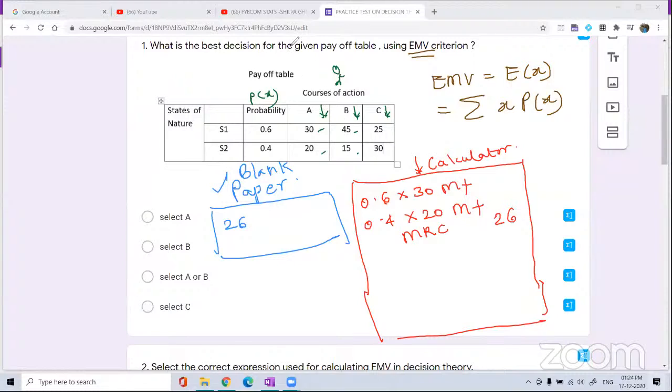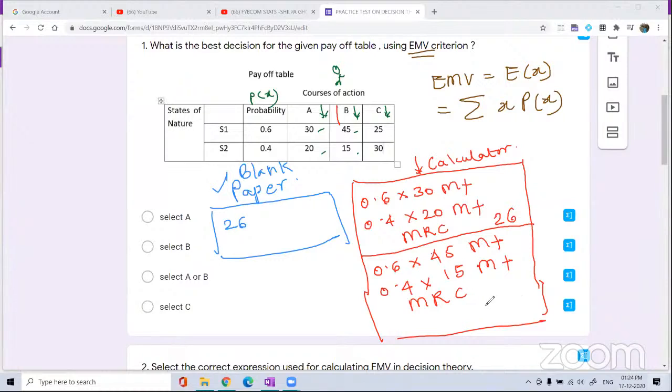Calculation क्या रहेगा now? The calculation will be, let me change the color. Now the calculation would be 0.6 into, now I'm looking at the B column, into 45 m plus, then 0.4 into 15 m plus, and then MRC. बताओ क्या है? 33.